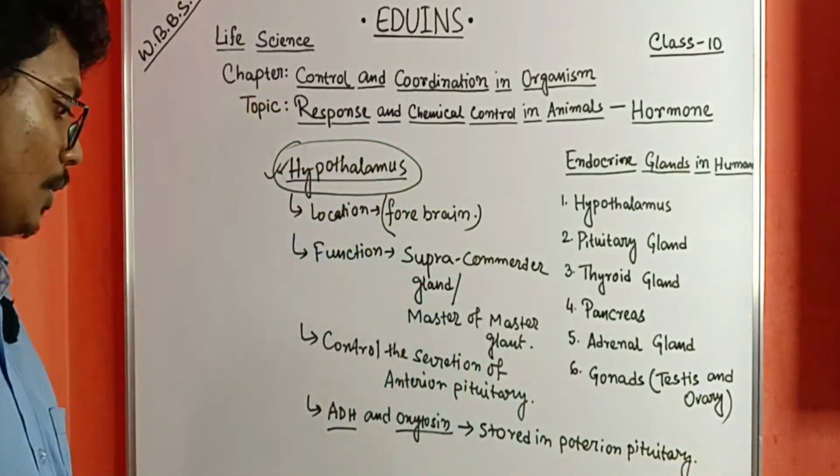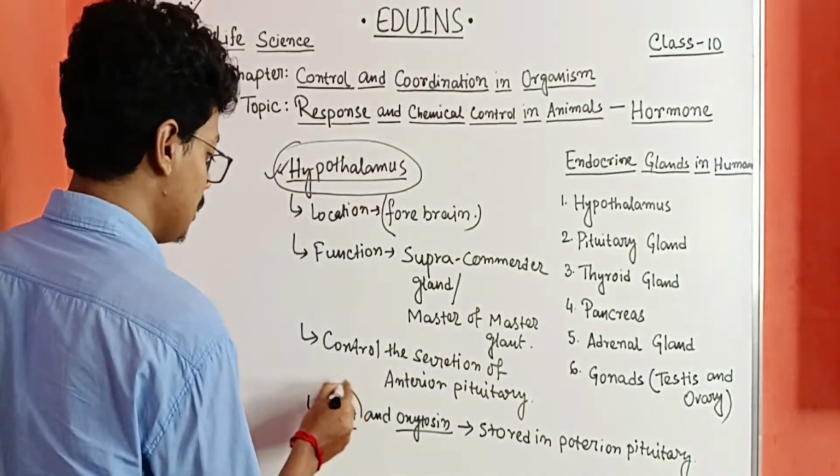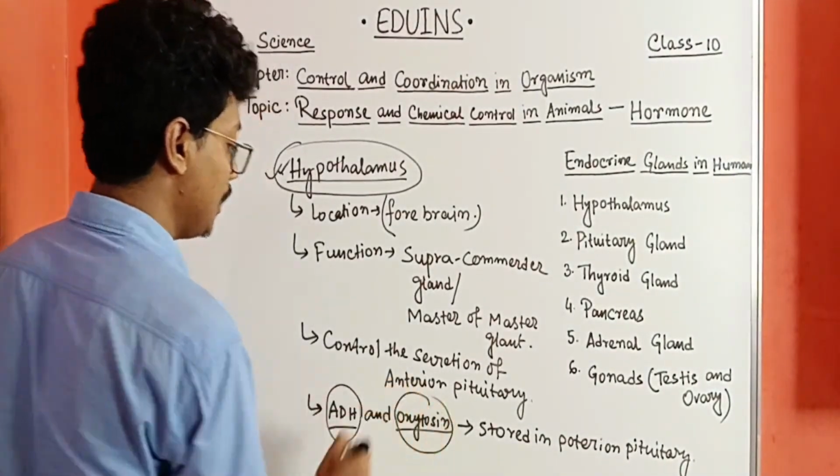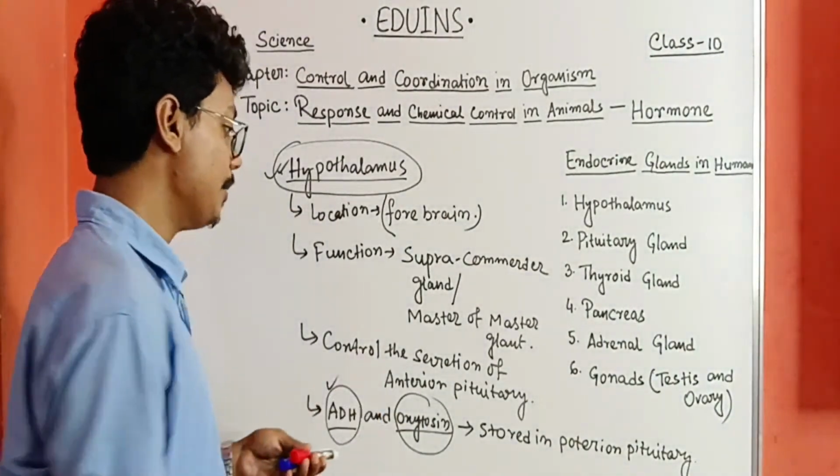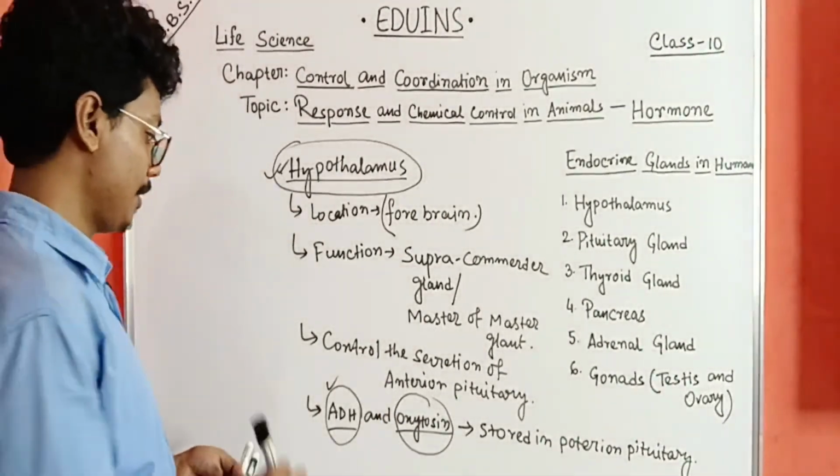So these are the two hormones specially secreted from the hypothalamus and stored in the posterior pituitary.